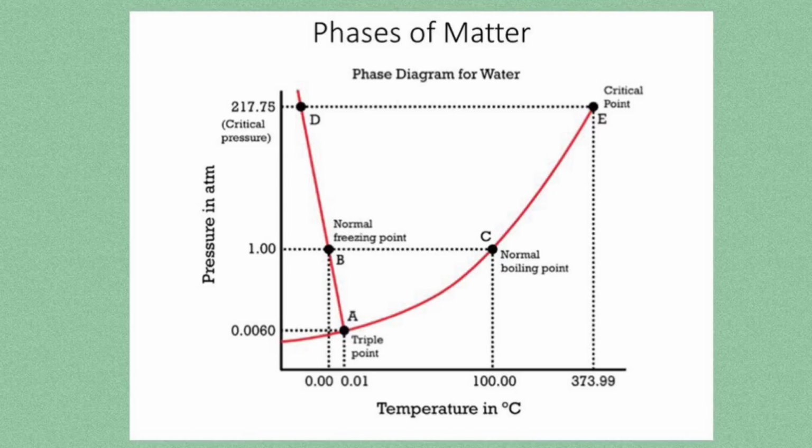Then if you continue to raise the temperature, you're going to meet this transition line between the liquid and the gas, and this is the boiling point. And you see that the freezing point and the boiling point will be different at different pressures. And the point where the lines meet is called the triple point, and that point has a very specific pressure and a very specific temperature.